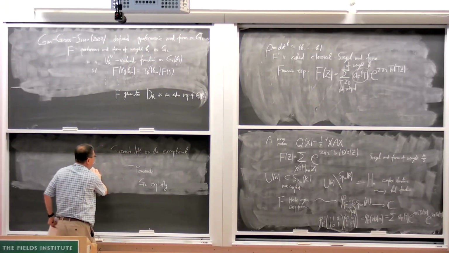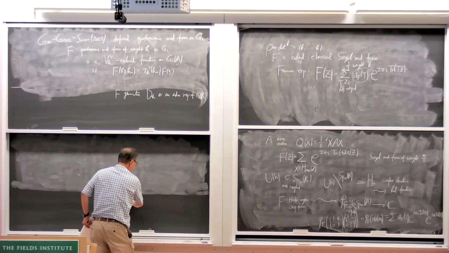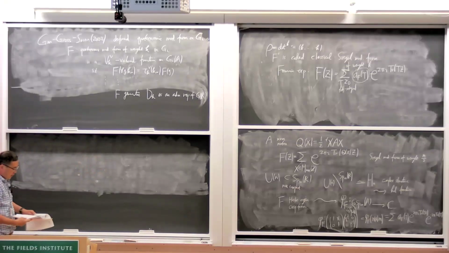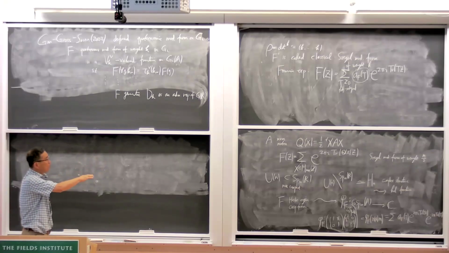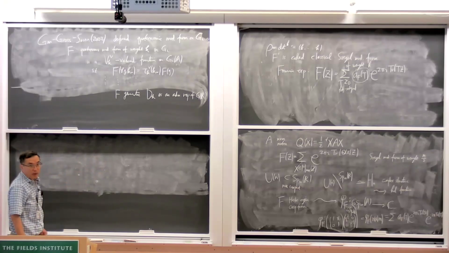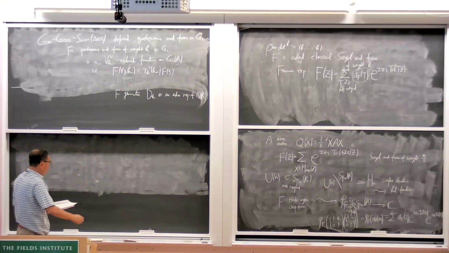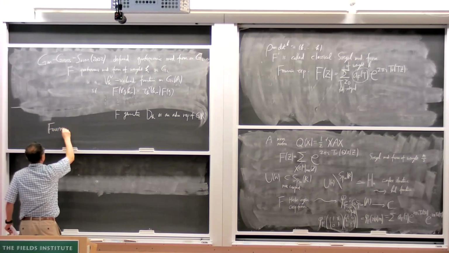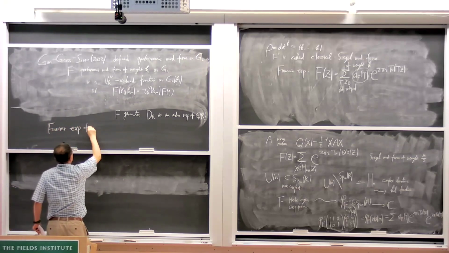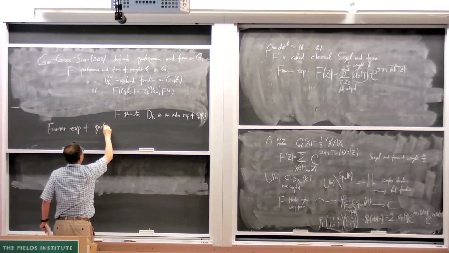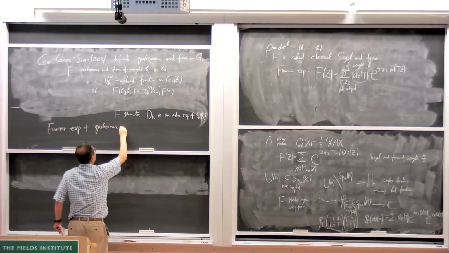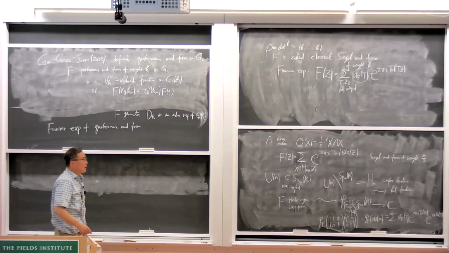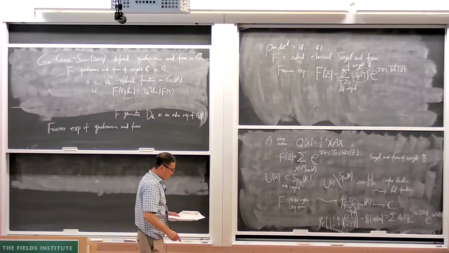So then the natural question is how to construct the quaternionic modular form. First of all, we can get the Fourier expansion of the quaternionic modular form. In order to get the Fourier expansion, we have to examine the Heisenberg parabolic subgroup.